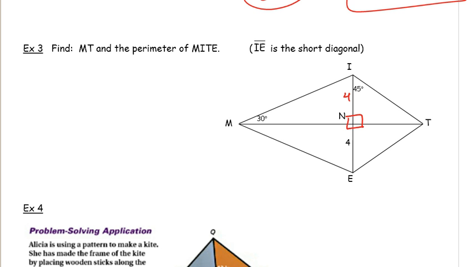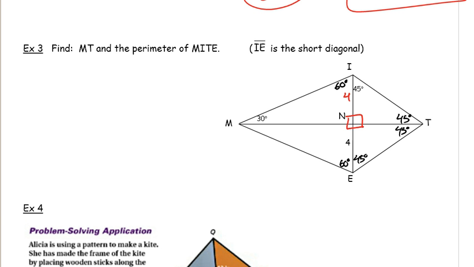We also have a 45-45-90. So we're going to have to do some work here in order to figure out what we got going on. So we know that's 45-90. So we have 45, 45, and 90. Okay. 30, 60, 90, 30, 60, 90.